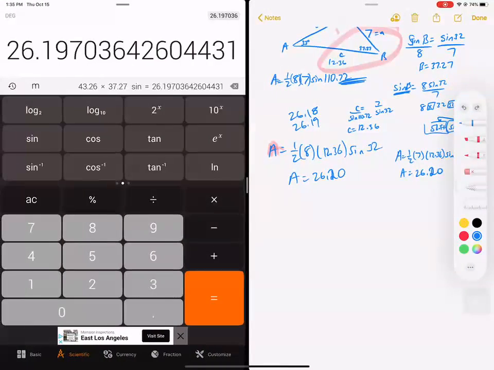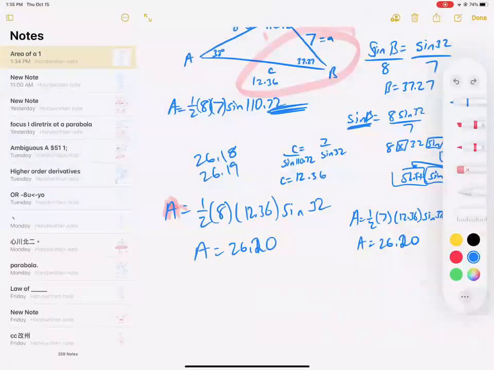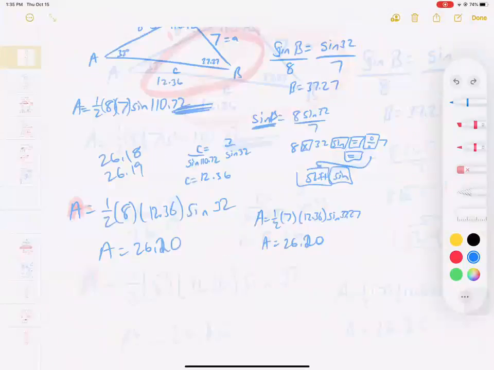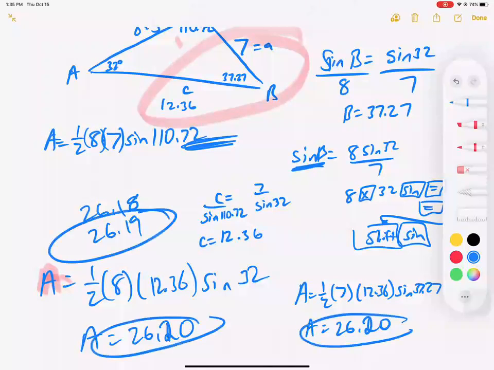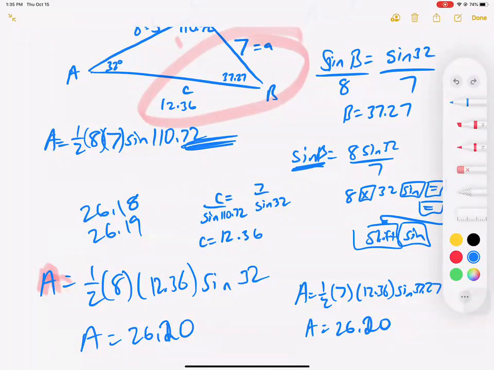I think this is even more useful because this works for any triangle, with SAS. Marco, great job. And as you can see, your answer matches pretty much all my answers. So we can use any angle as long as we have the two sides and the angle.